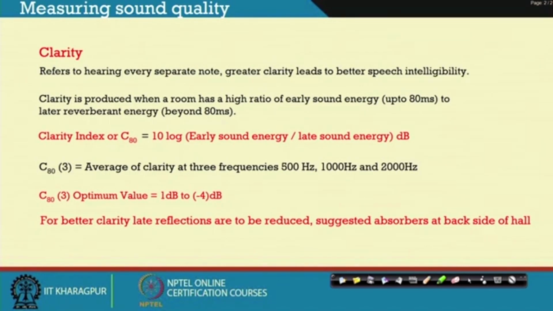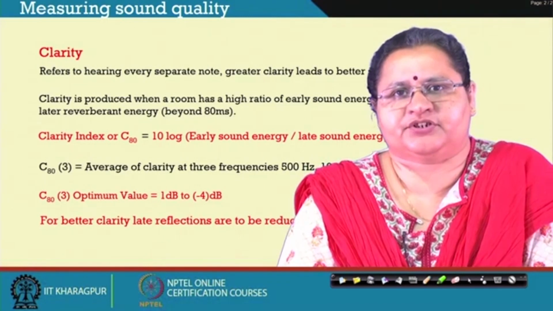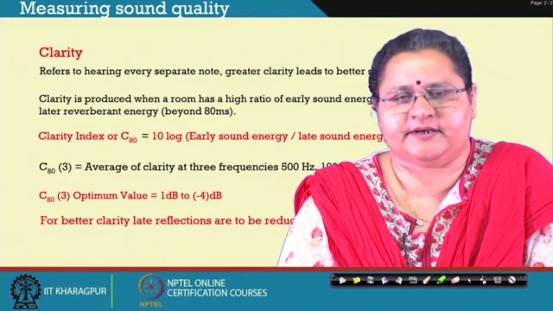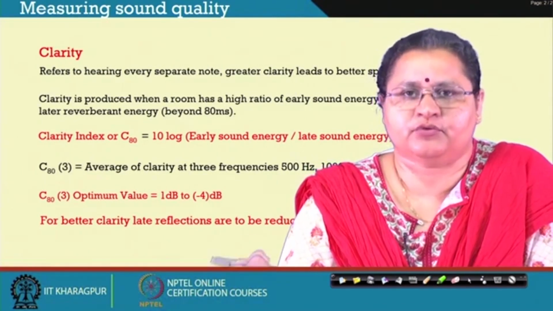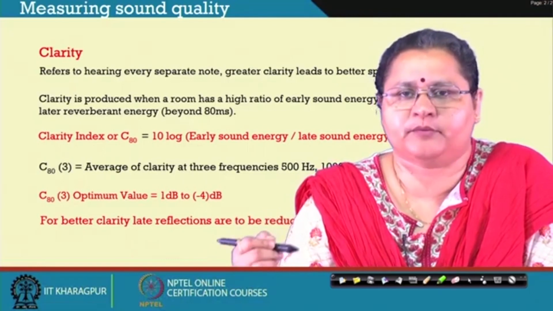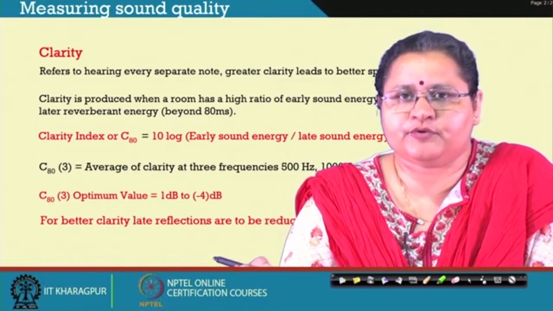For better clarity, late reflections are to be reduced. Suggested absorbers at the back side of the hall. So, you are trying to cut down the late sound reflections or the late sound energy. That means you have to absorb that energy.